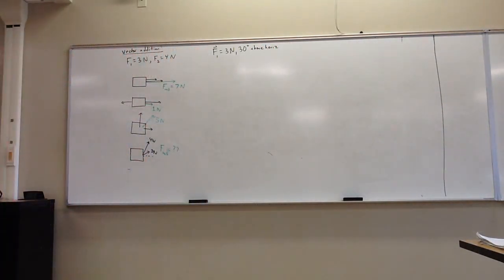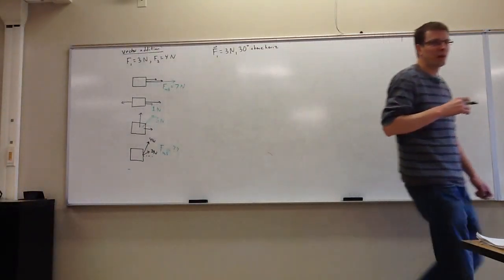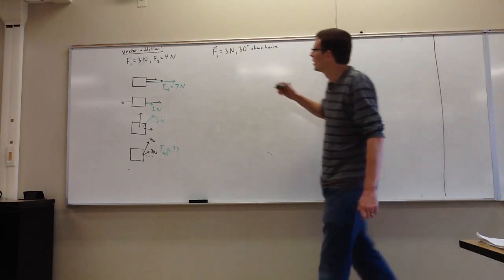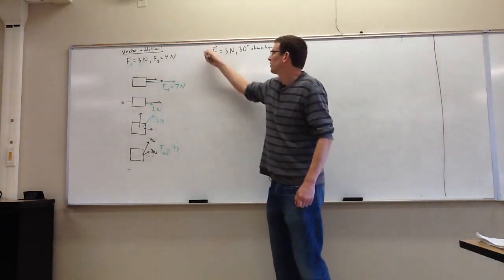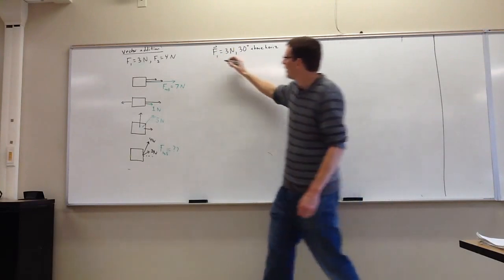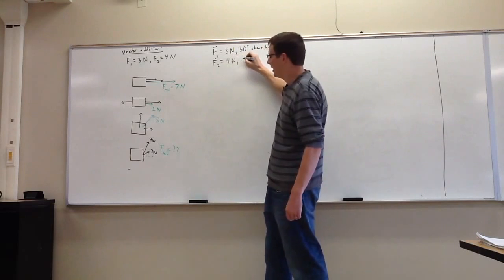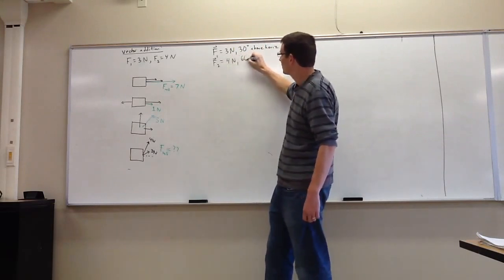So that dotted line I sketched was the horizontal. Let me suppose that F1 is 30 degrees from that. And now notice I did include the vector hat because I'm saying here's the size and here's the direction. And then let me suppose that force 2 is 4 newtons at, that looks like a bigger angle, let's call it 60, right?